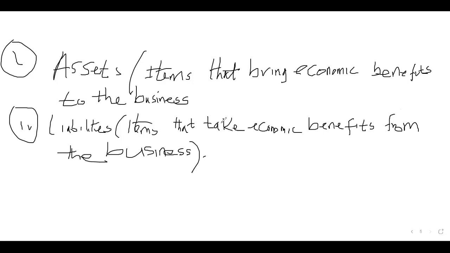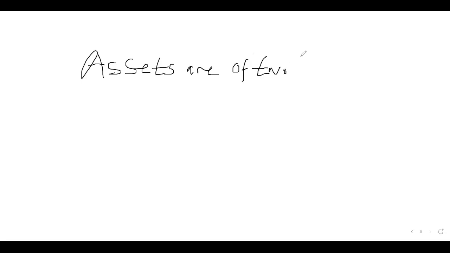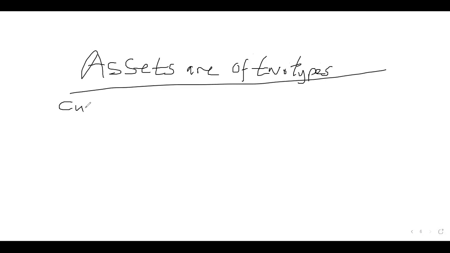So please take note of these distinctions. Of course, here we have current assets and fixed assets of the business. So assets are of two types. We have current assets.